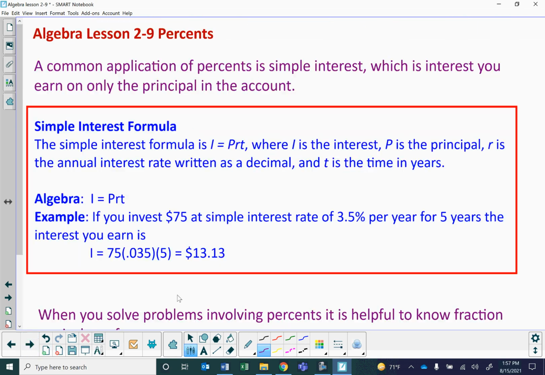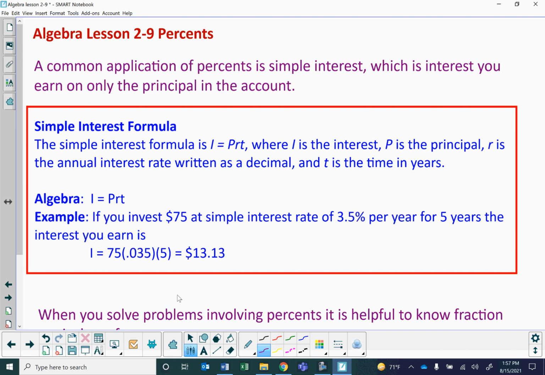A common application of percents is what we call simple interest, which is interest you earn on only the amount of money you have in your account, or the principal. There is a special formula for simple interest. The simple interest formula is I equals PRT, where I is the interest, P is the principal, R is the annual interest rate written as a decimal, and T is the time in years.